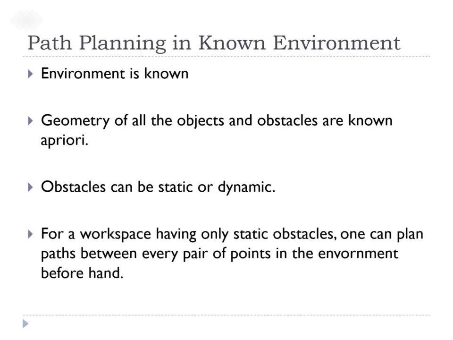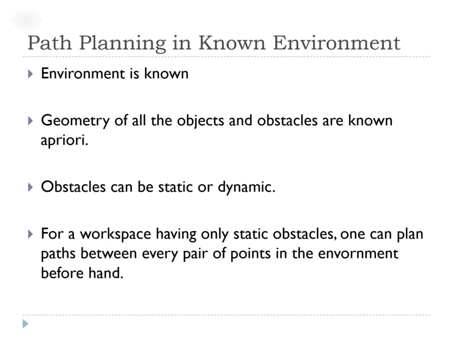So for such a workspace having, say, static obstacles, one can plan paths between every pair of points beforehand so that at the time of any online path planning, one of the paths, which is the shortest path as per the requirement, can be chosen.